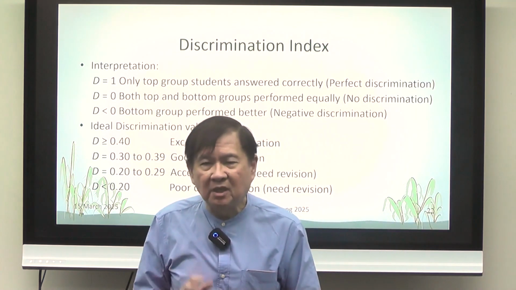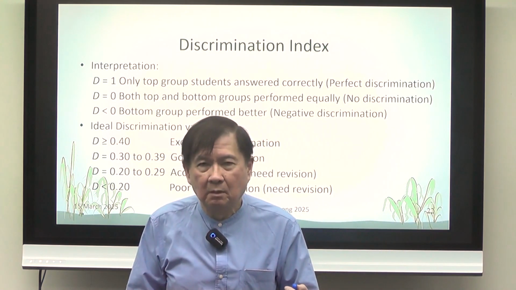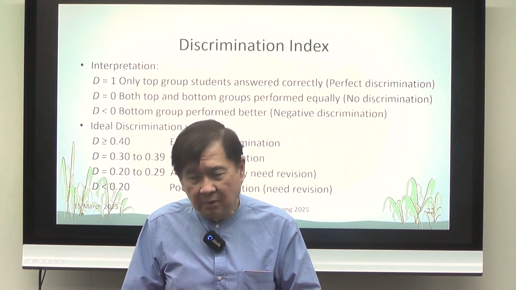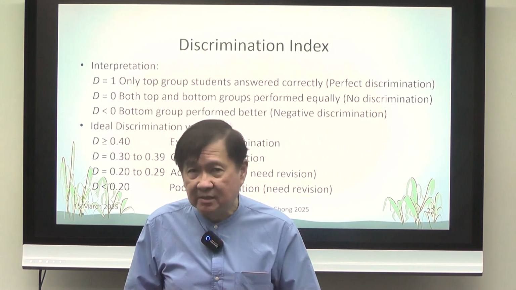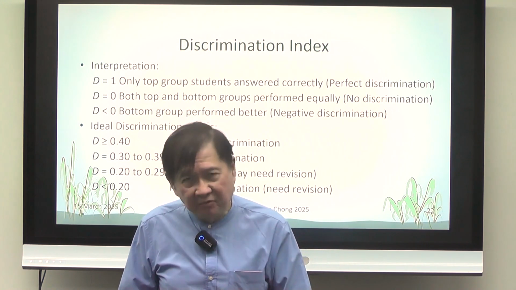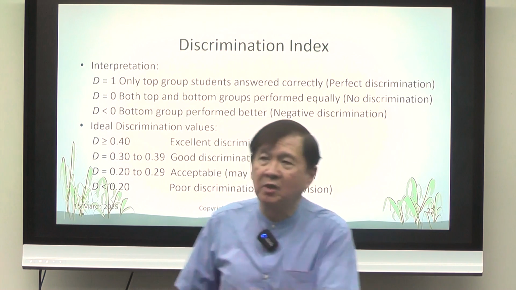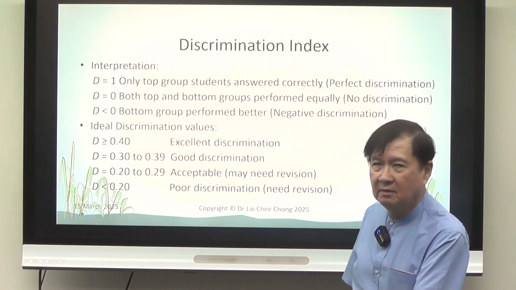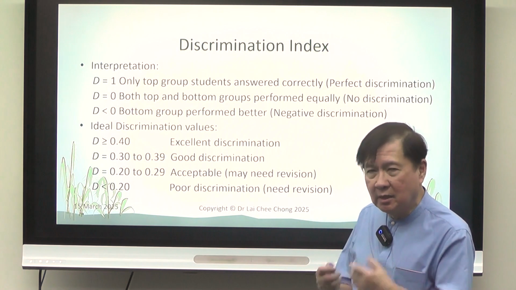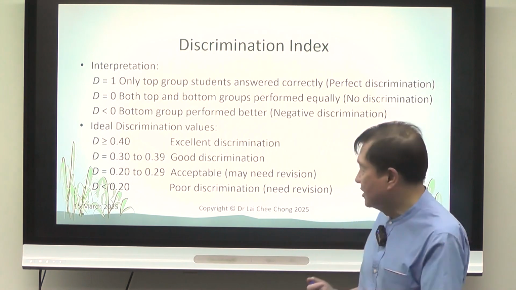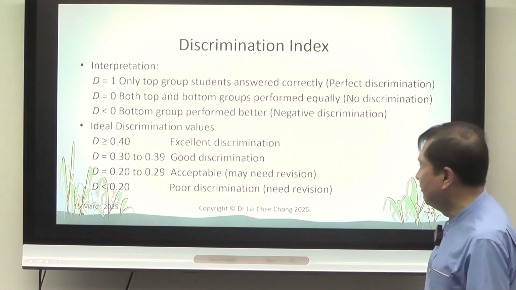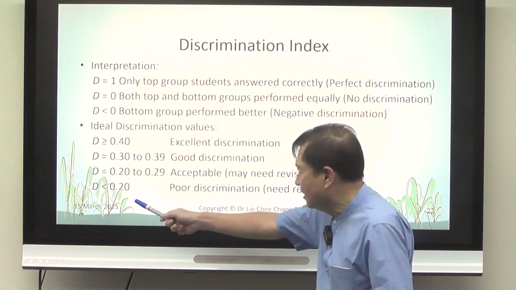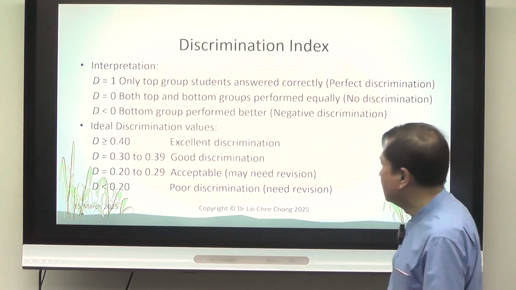Look at it. Because there are other factors which may affect the one who's selected, I may not want to change it for whatever reasons. Fine. That's why you need expert view. So besides calculation, you need expert view. Ask me, look at this, what do you think of this test item here? Help me to understand, is there a need to do further revision of this test item? However, if your D is less than 0.2, that means what?